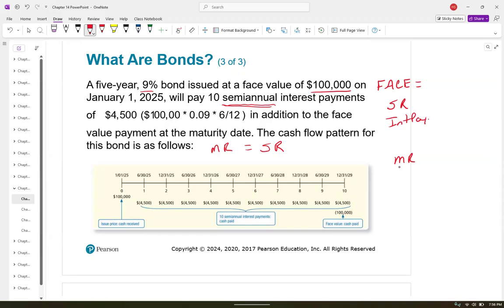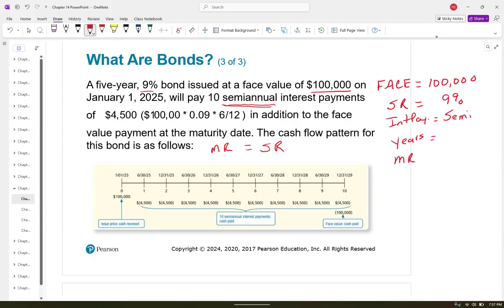Okay. And how many years is it? So I'm just going to do my blurb of information right here. So the face here is 100,000. Stated rate is 9%. Okay. And the interest payment dates are semi-annual. Okay. How many years?